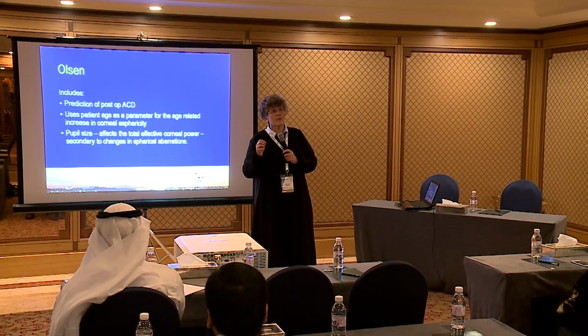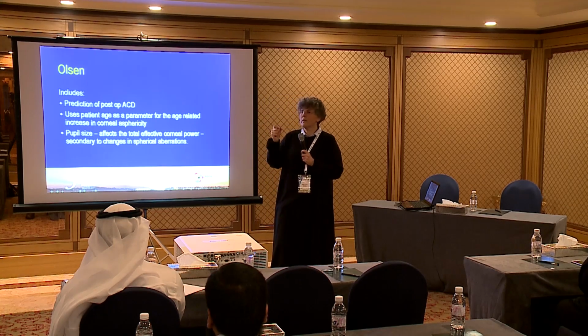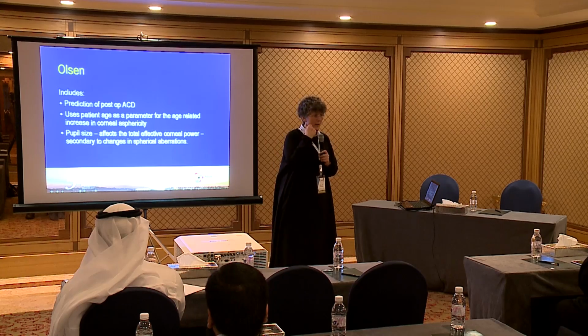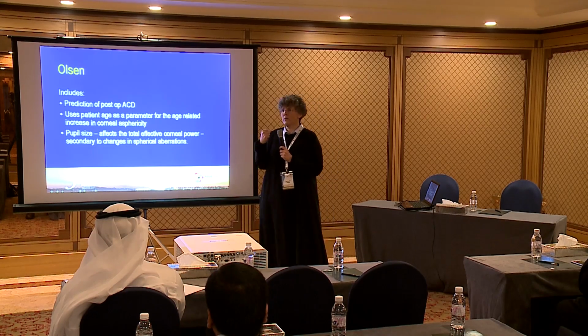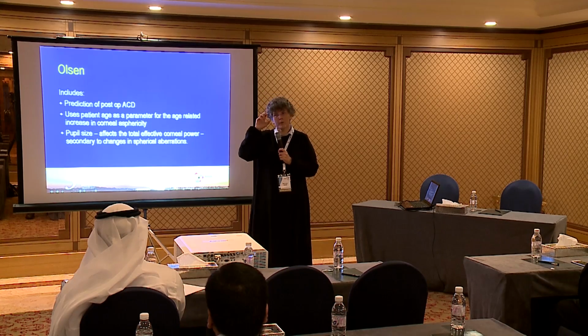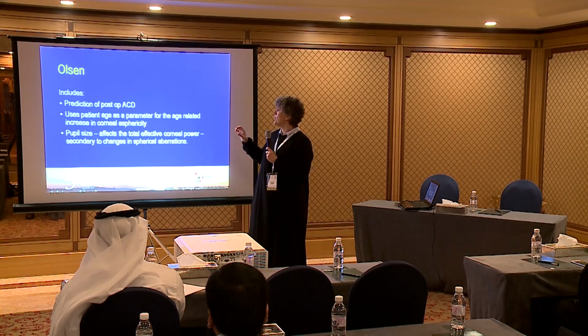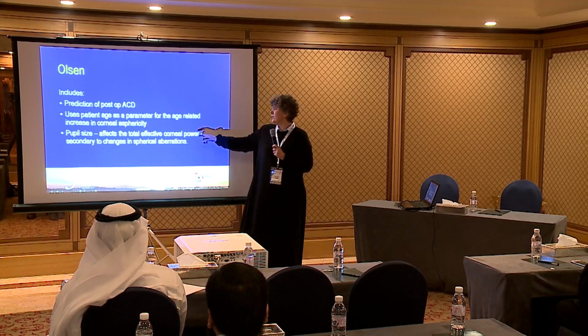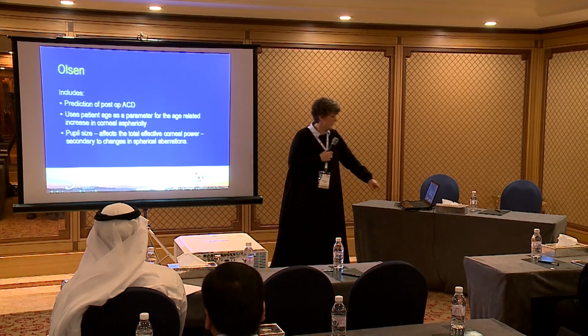Now, the corneal asphericity, I'm not so sure it increases with age, but we know that the spherical aberrations from the lens in the eye, they change, and we know that the spherical aberrations increase when your pupil is dilated. So he also takes pupil size into account when calculating.